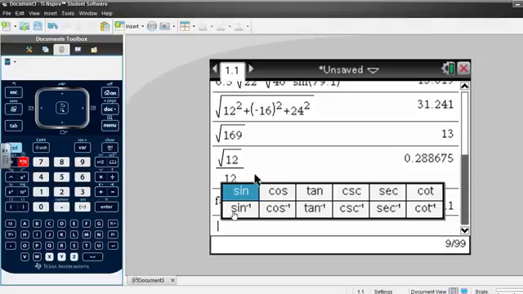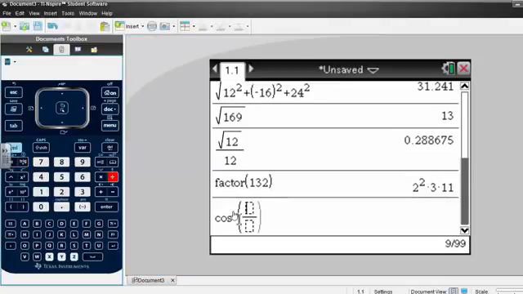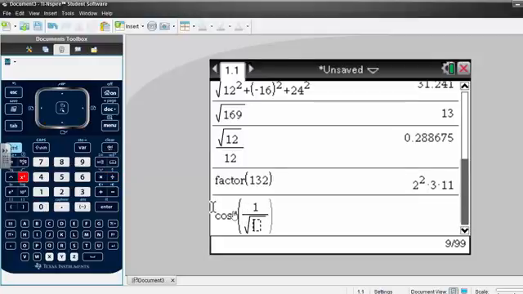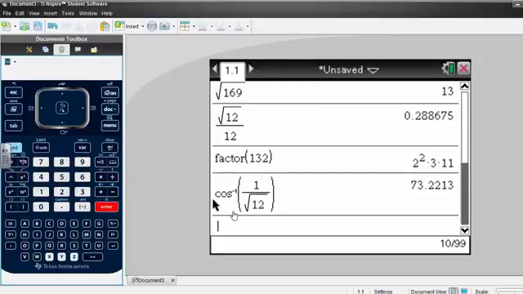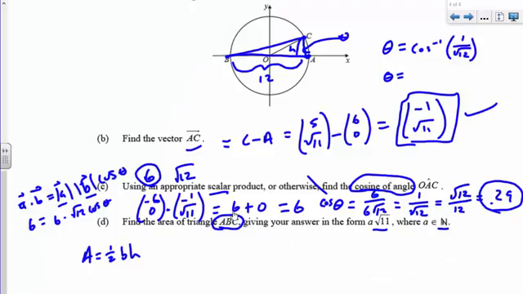Alright, so I go cosine inverse, make a fraction, 1/√12. That angle is about 73.22 degrees. So we'll say that's about 73.2 degrees, give or take. That's what that angle is.